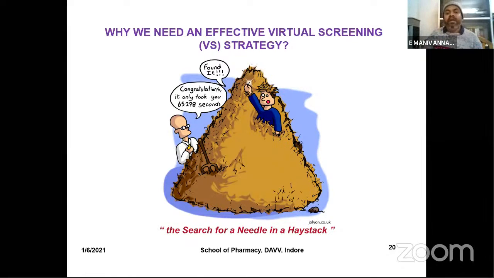How difficult the identification of a needle from the haystack is, this is very similar to the identification of a novel bioactive molecule from a massive chemical library. That is the reason why you require an effective virtual screening strategy for identification of novel bioactive molecules.